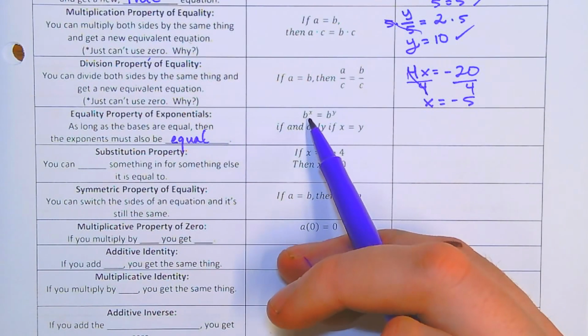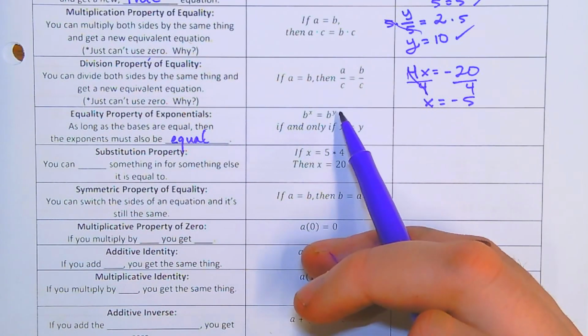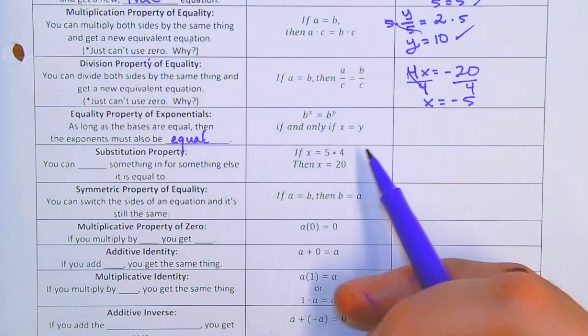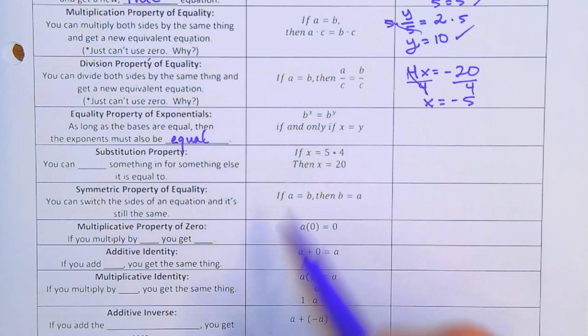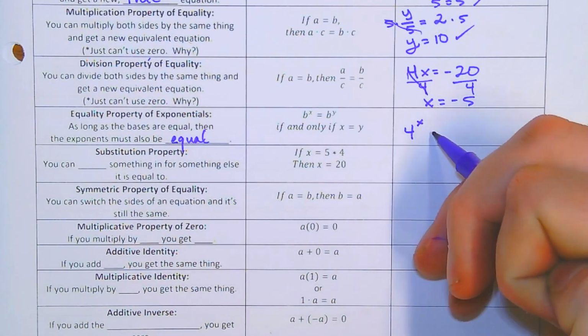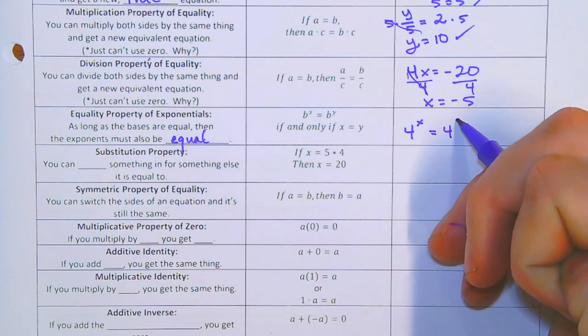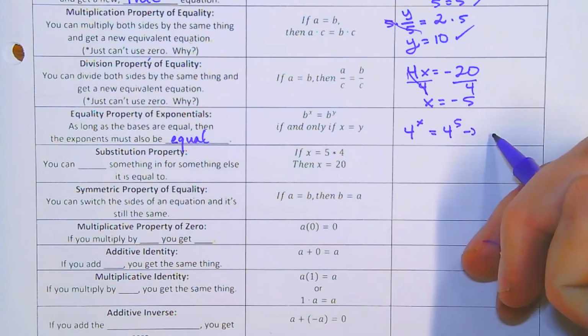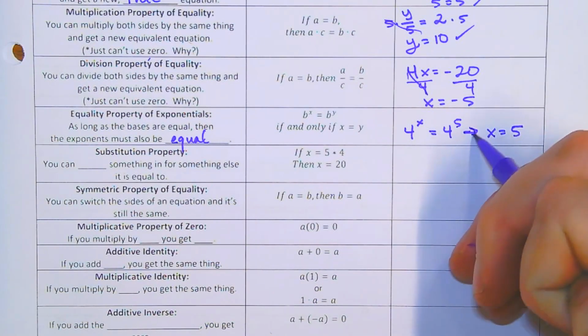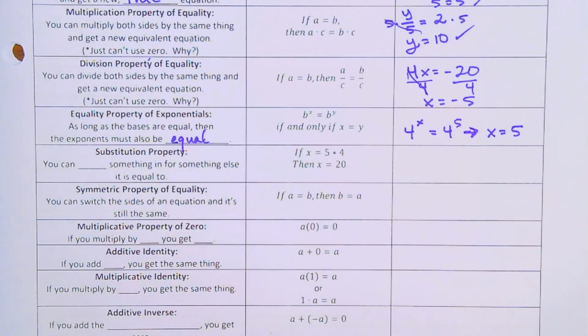So here in our math section, it says b to the x equals b to the y. So if they both have the same base of b, then x and y must be equal. Here's how I would think about it. Let's say I have 4 to the x equals 4 to the 5. If that's true, then x must equal 5. Okay? Just like that.